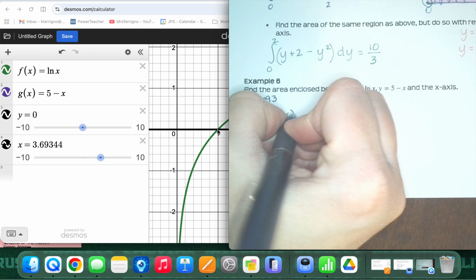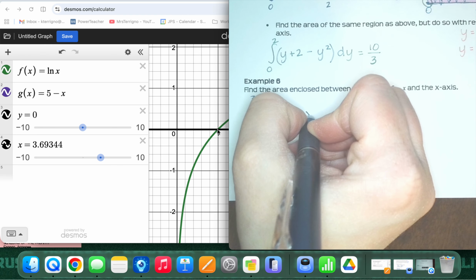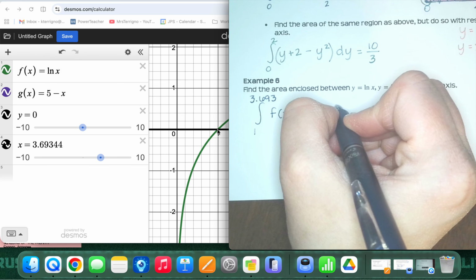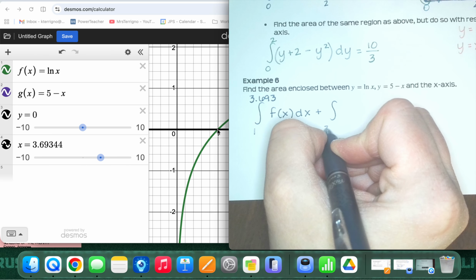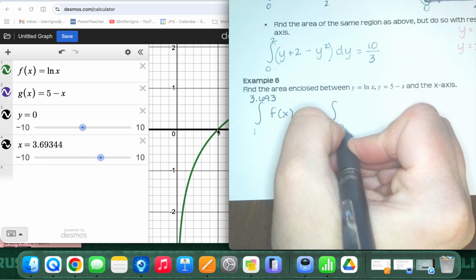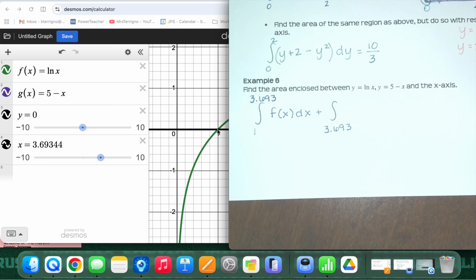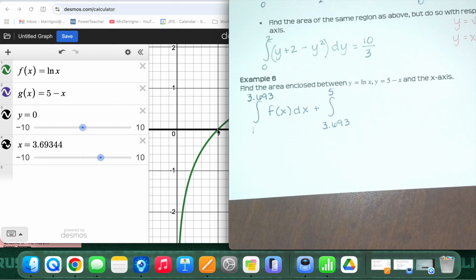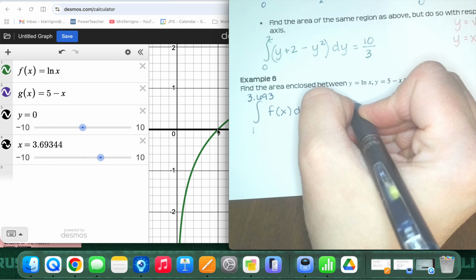And then I'm going to add an integral starting from that 3.693 up to the endpoint, which I believe is at 5, of the g of x function.